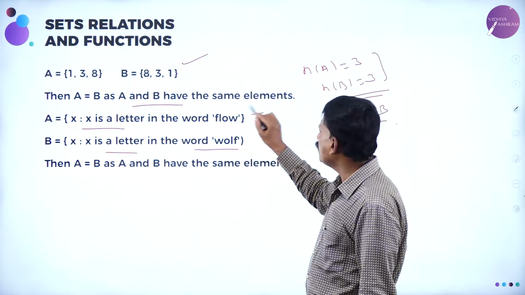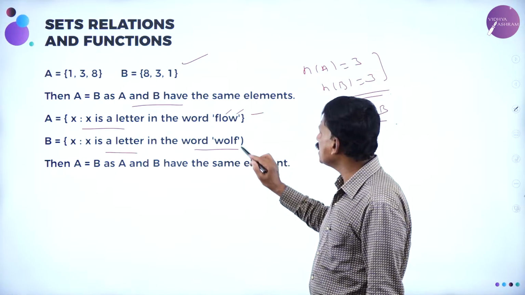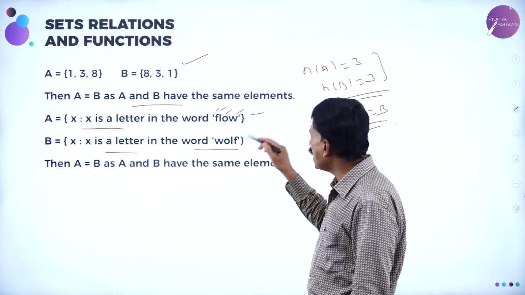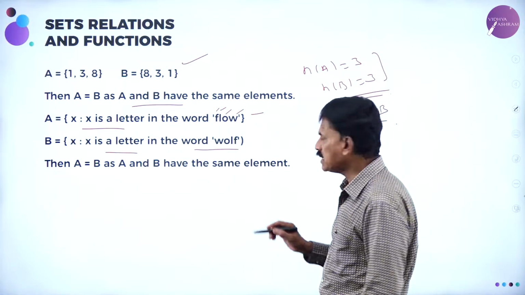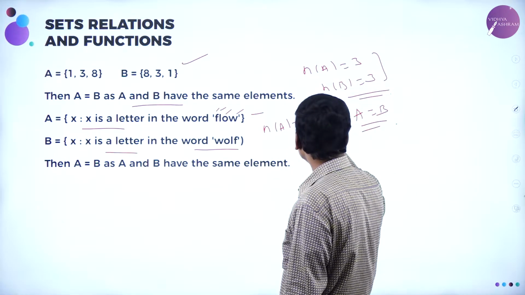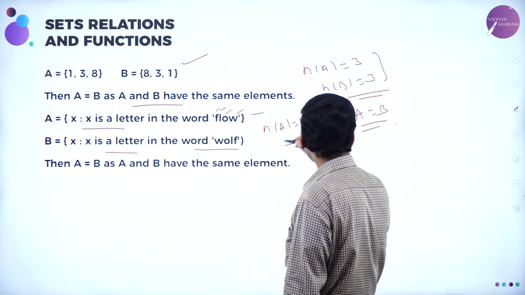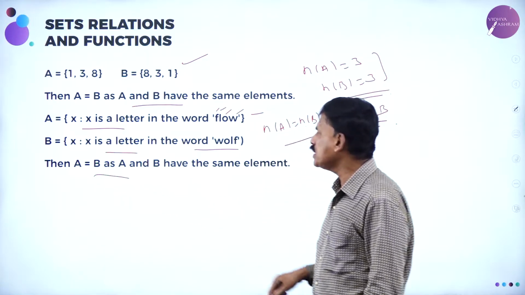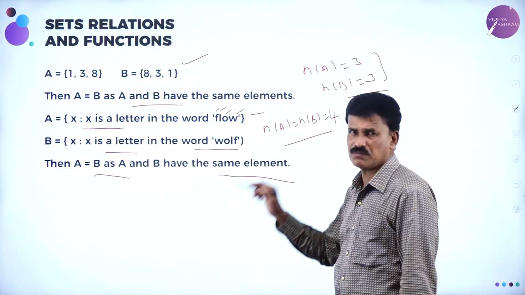See, W is here, O is also here, L is also there, F. These two have the same elements and the number of elements are also the same. n(A) is equal to n(B) is equal to 4. Therefore, these two sets are equal, A is equal to B, as A and B have the same elements.